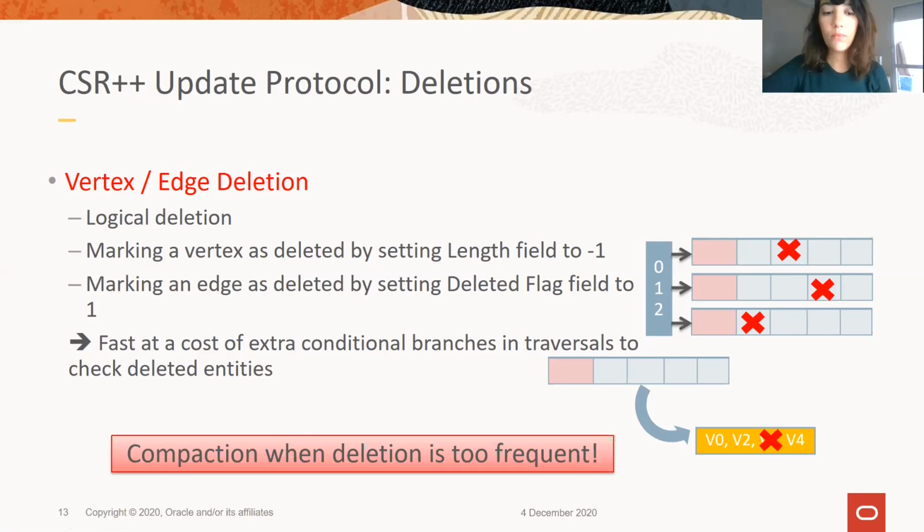That compaction would mean a whole copy of the segments, the vertex arrays, etc. And it's very expensive, but in real use cases, deletions are not that frequent.